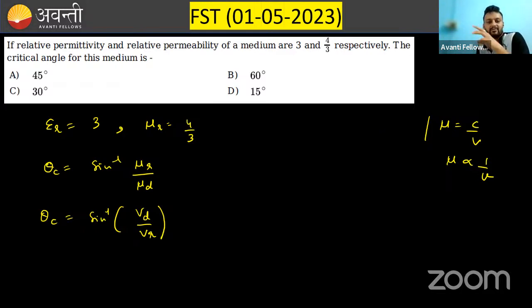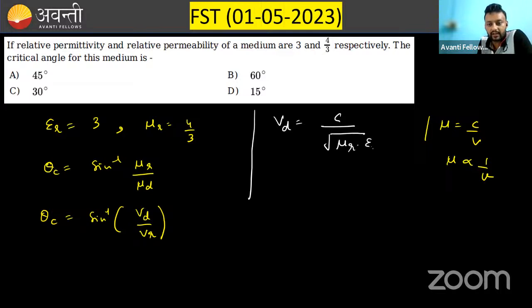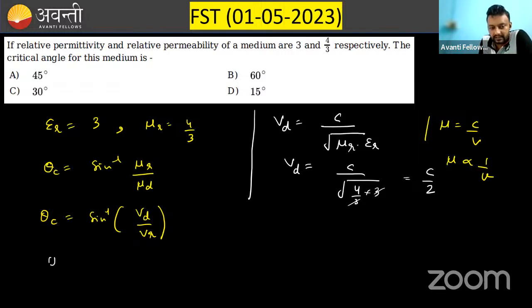So velocity in air is nothing but c, and velocity in the denser medium is c over root of mu r into epsilon r. Yesterday in class we remembered this formula. If you place the values, it becomes c divided by root of 4 by 3 into 3, which cancels, so that is c by 2. So the new velocity is c by 2. Just place the values. Theta c is equal to sine inverse.